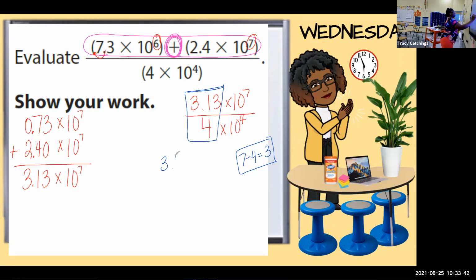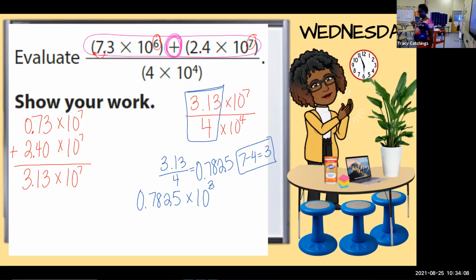So somebody go ahead and divide 3.13 divided by 4. 0.7825, about 0.78. All right, so now we have 0.78 times 10 to the 3rd.